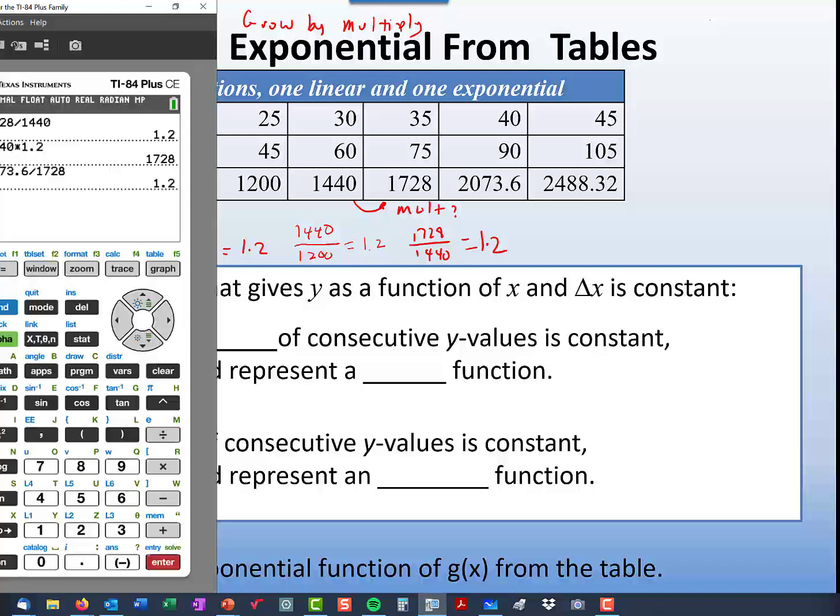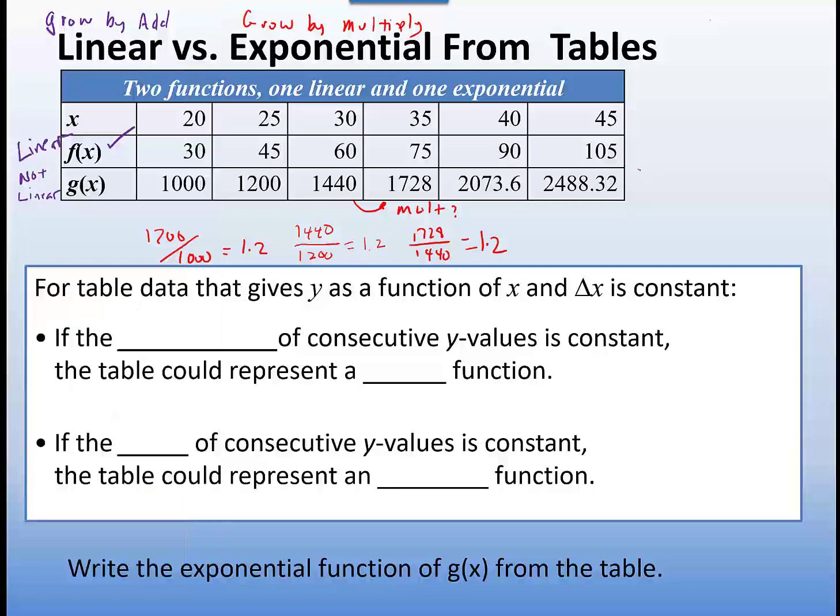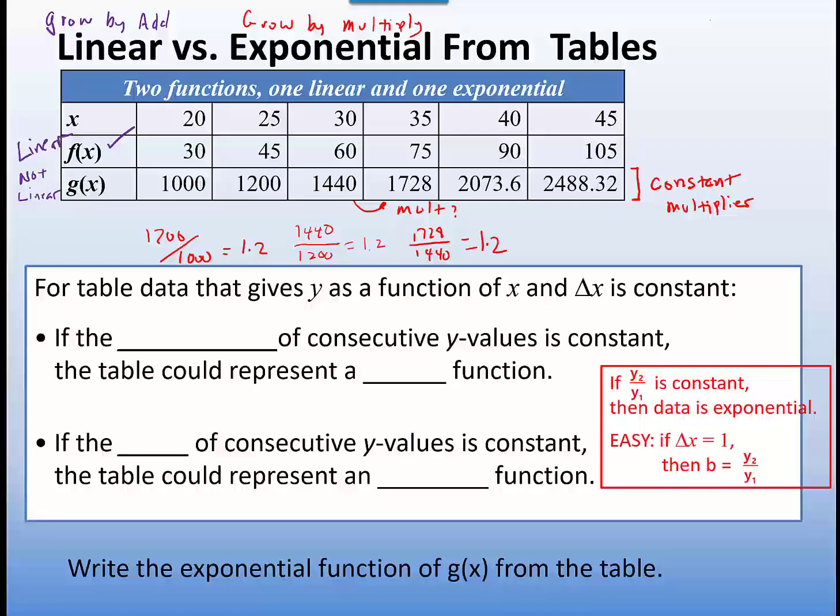And I get 1.2 again. So this is like 4 or 5 times in a row. This problem has a constant multiplier of 1.2 each time.